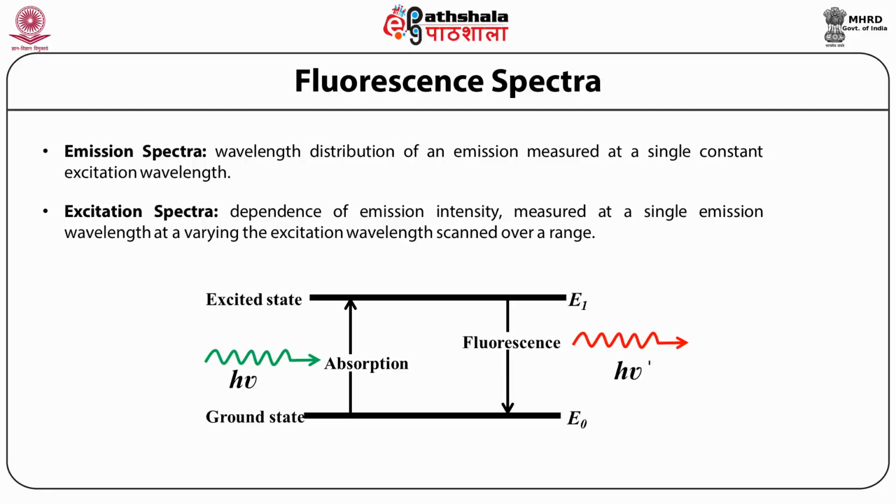The fluorophore remains in the lowest vibrational level of the excited electronic state for a period of about nanoseconds, generally termed the fluorescence lifetime, and then comes back to its ground state with the emission of a photon of larger wavelength than the incident light.